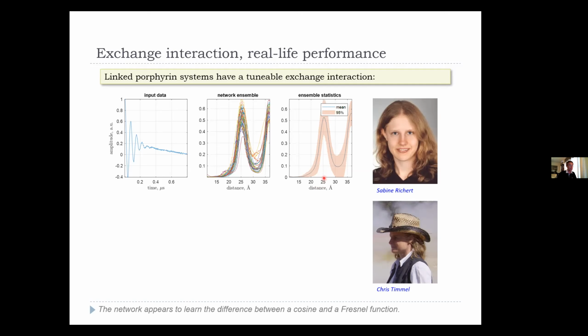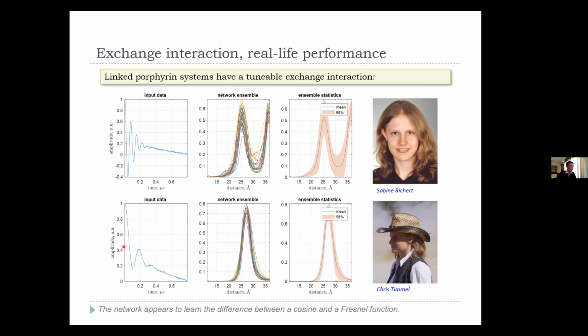So you recover 25 angstroms, even though this modulation looks like a much shorter distance. And then if you snip one of the bonds on that big superring, then the distance doesn't change much, but the exchange coupling changes a lot. So the modulation becomes much slower, but we still recover more or less 25 angstroms, even though the exchange coupling is wildly different here.